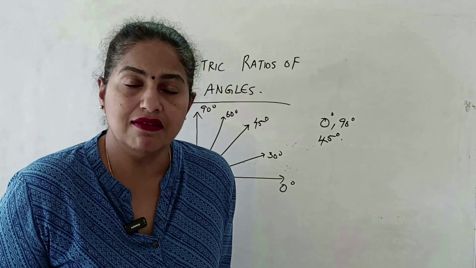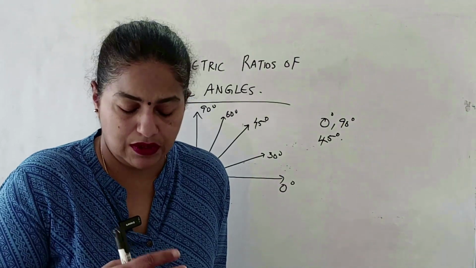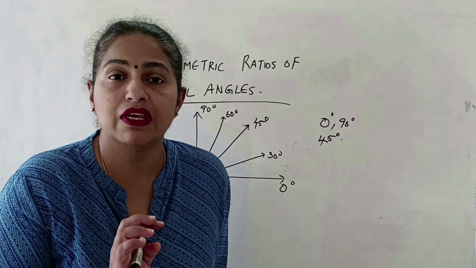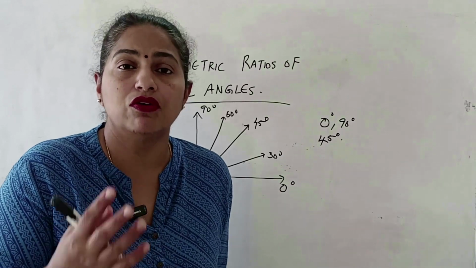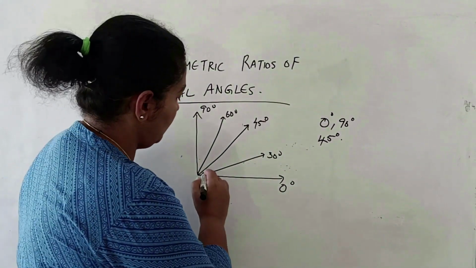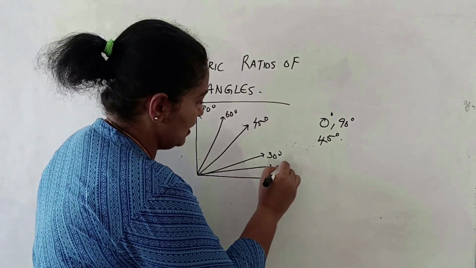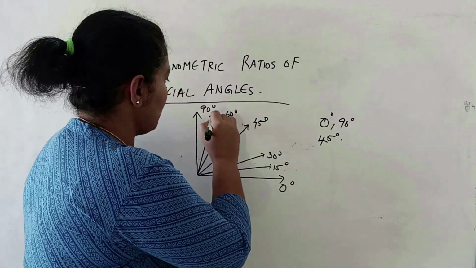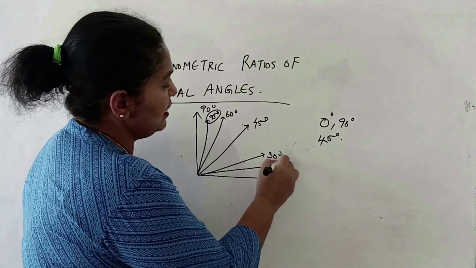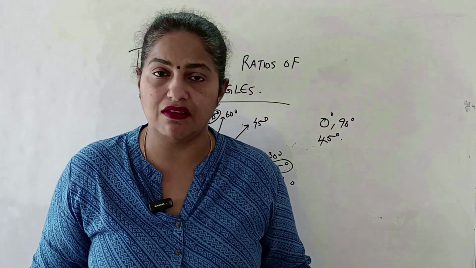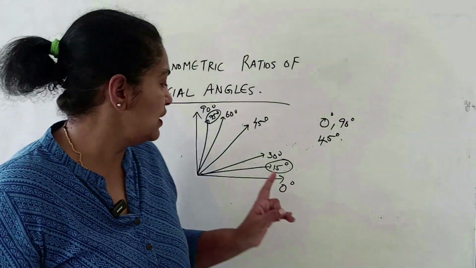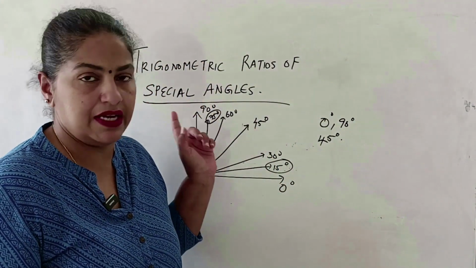These are the angles whose trigonometric ratio values we should be aware of. When we go to higher classes, we also need to know about 15 degrees and 75 degrees. But for the time being, you don't have to know about 15 and 75. All you need to know about is 0, 30, 45, 60 and 90.